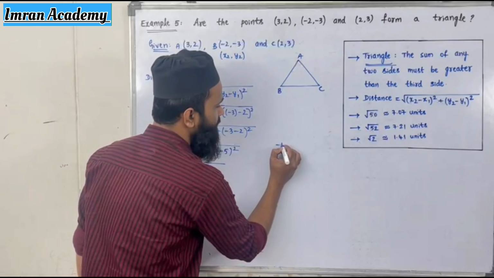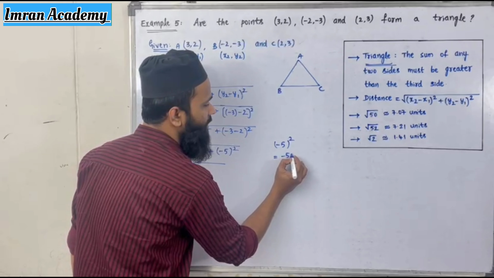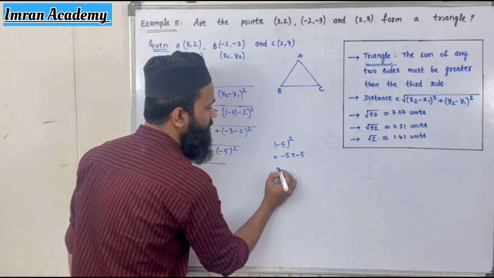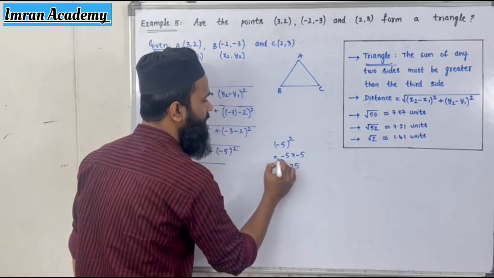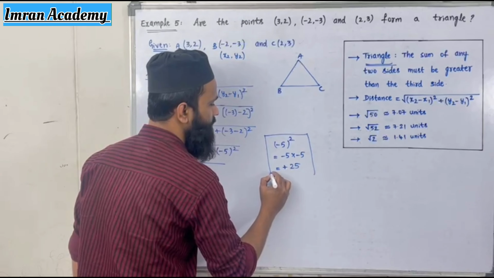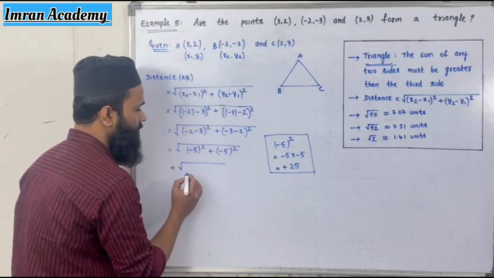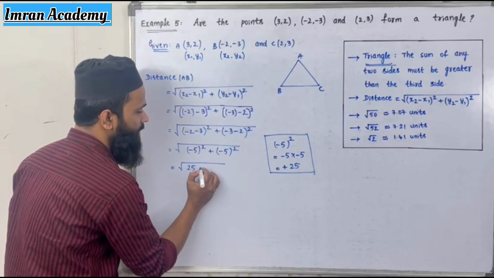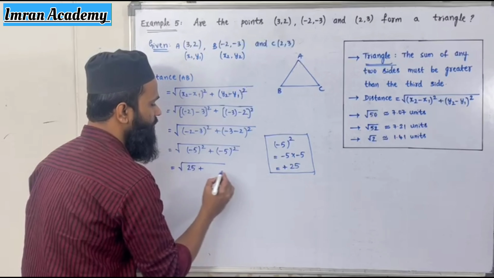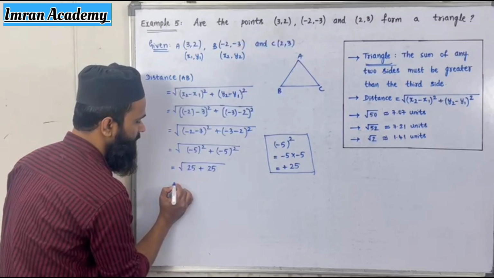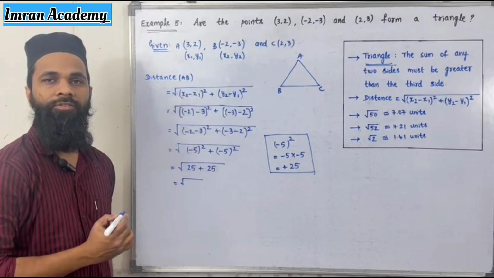See here, minus 5 whole square is minus 5 into minus 5, minus into minus is plus, 5 into 5, 25. Minus 5 whole square is 25, plus minus 5 whole square, which is 25. That is equal to square root of 25 plus 25, which is 50.